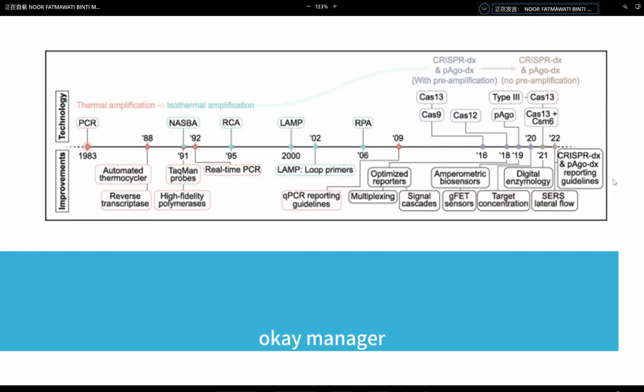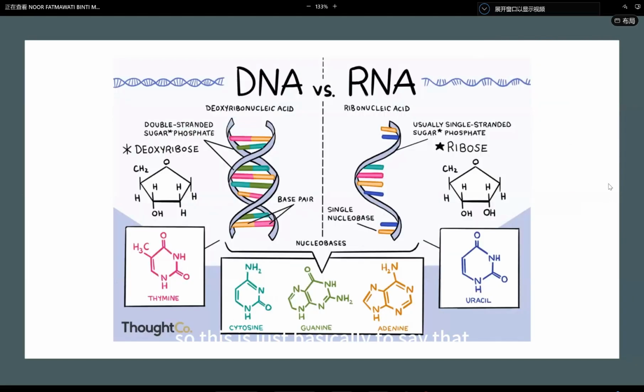So this is basically to say the differences between DNA and RNA, I think you have learned this somewhere in the program. RNA is more unstable compared to DNA because of something to do with the hydroxyl backbone or something like that.